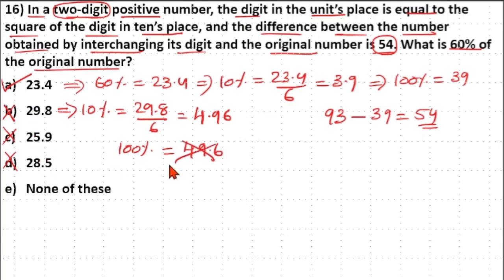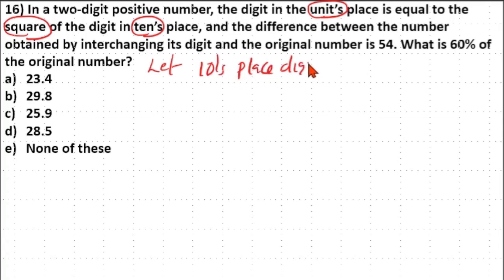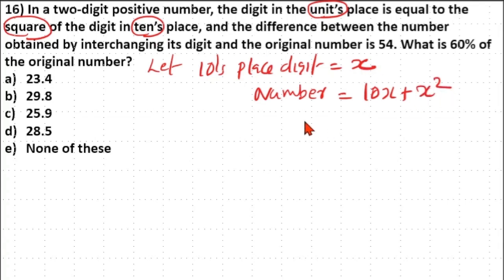Here you can also solve this question by a different method, using the number system. Here the unit place digit is equal to the square of the digit in the tens place. Let us consider the tens place digit as x. Then the number is equal to 10x plus x square. This is the original number.